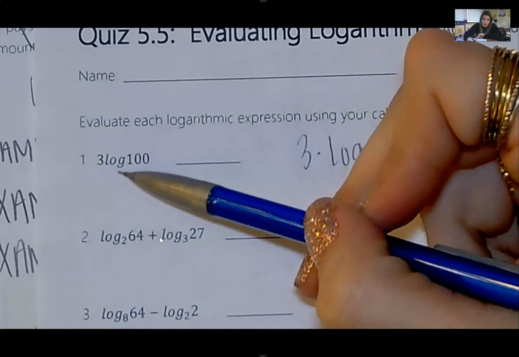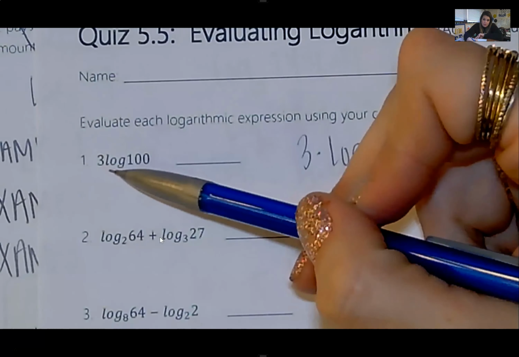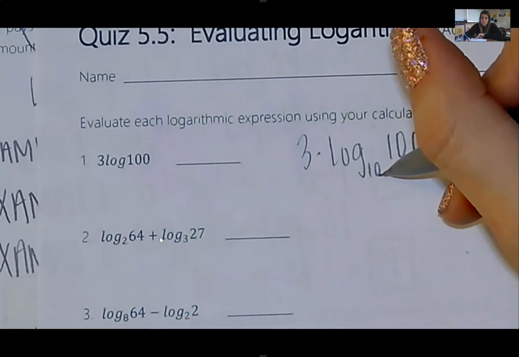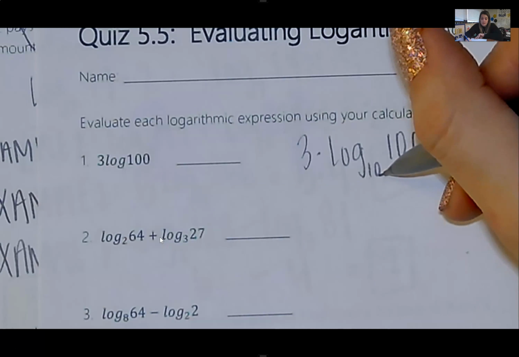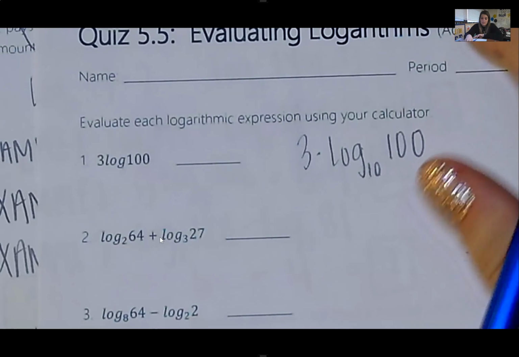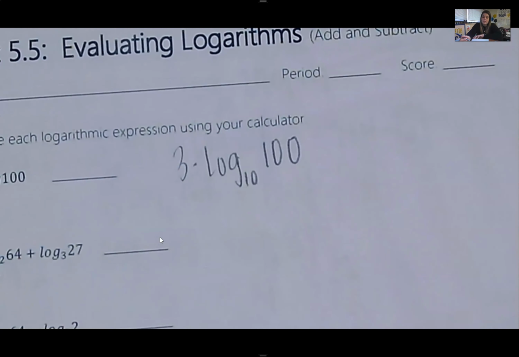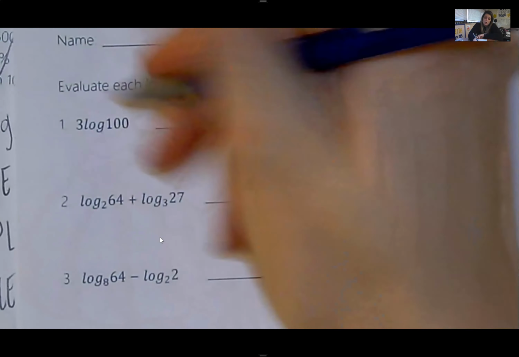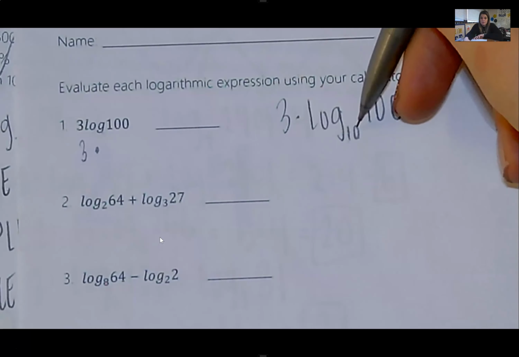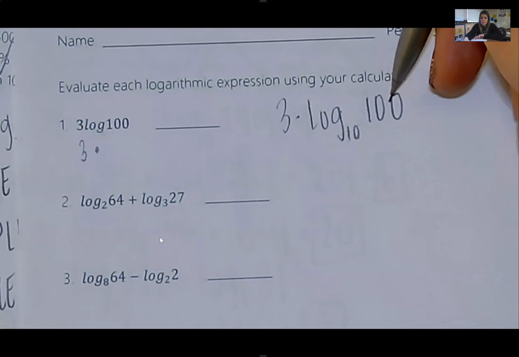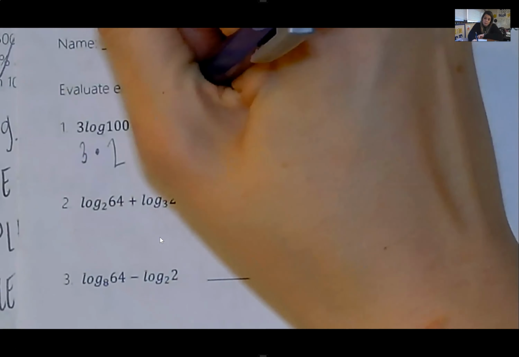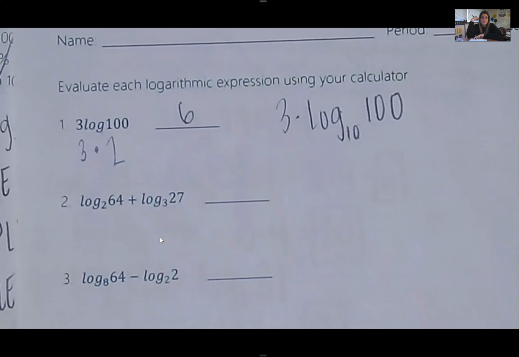Whenever a log does not have a base, if you look at this one, this log does not have a base number. The base number is 10, and we're going to talk about that in the next video. If it ever just says log, that means that the base is 10. So on this one, at the very least, what I would want to see as work underneath, maybe write 3 times, and then you ask yourself, what exponent do I need to put on 10 to get 100? That's 2. So your answer to number 1 is 6. 3 times 2 is 6.